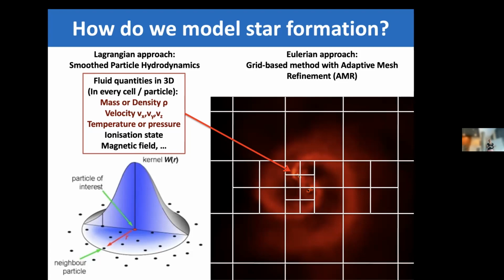Each particle is not on its own, but interacts with its neighbor particles, and the gaseous properties, so density, velocity, and so on, are smoothed over the so-called smoothing kernel. You need a number of particles in your kernel, typically at least 50, in order to reduce the statistical noise.